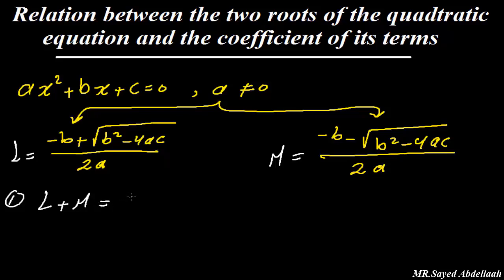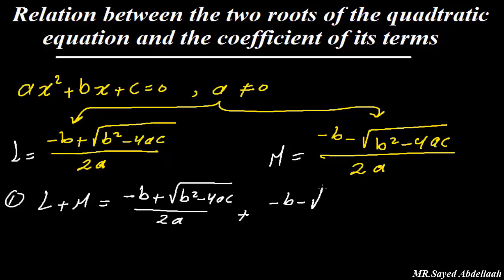L plus M equals negative b plus the square root of b² minus 4ac divided by 2a, plus negative b minus the square root of b² minus 4ac divided by 2a.